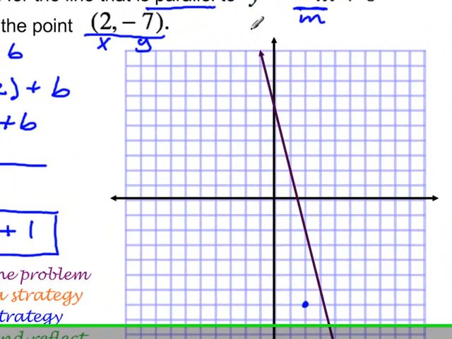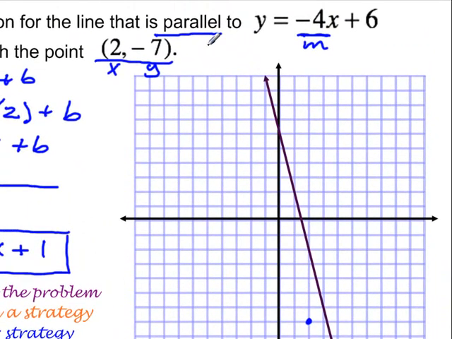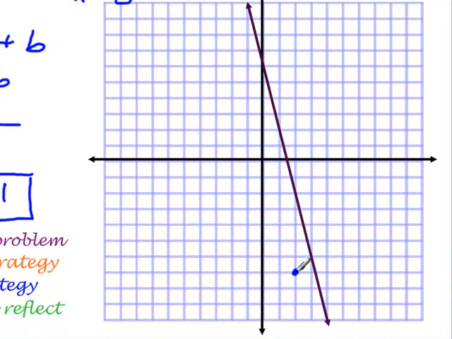Now again, using our knowledge that the parallel line is going to have the same slope as the line given, we can move from this point up until we cross the y-axis. So we're going to count up 4 and left 1, plotting points as we go.